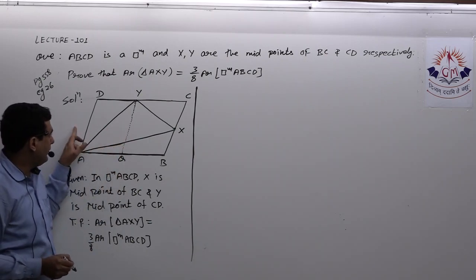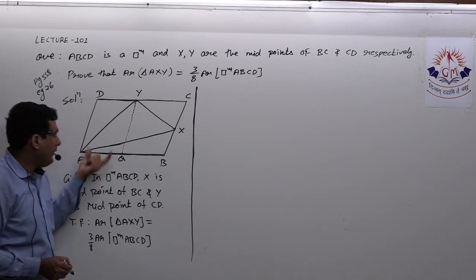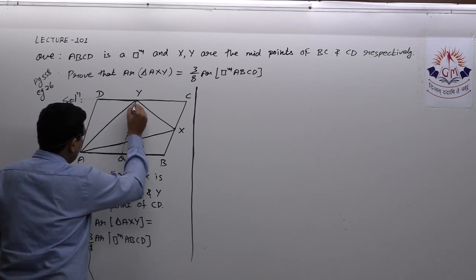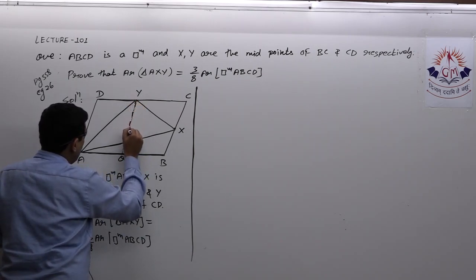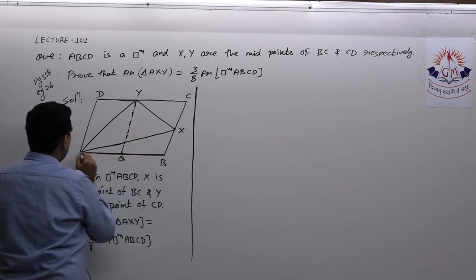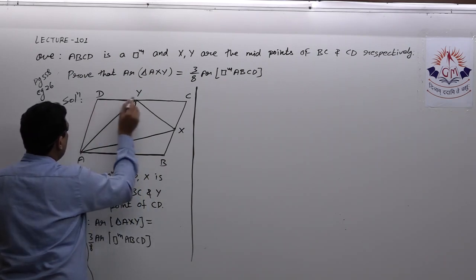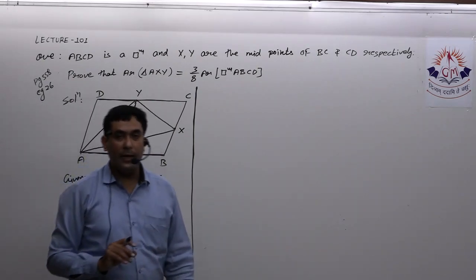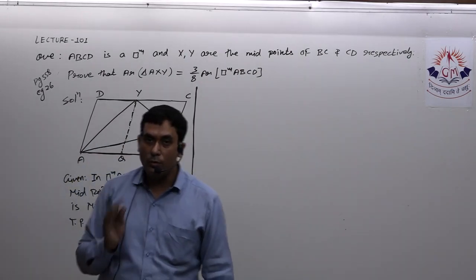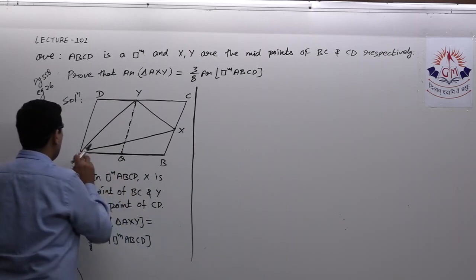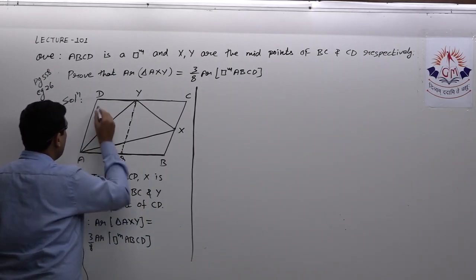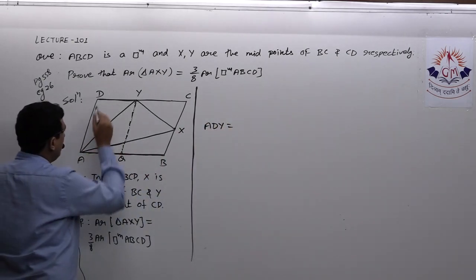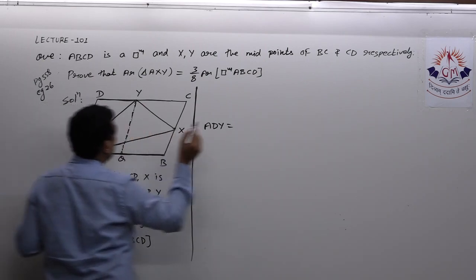When YQ is parallel to AD and we already have AQ parallel to DY, I can say this quadrilateral ADYQ is a parallelogram. We also know that the diagonal of a parallelogram divides it into two triangles of equal area. So triangle ADY is equal to half of ADYQ.